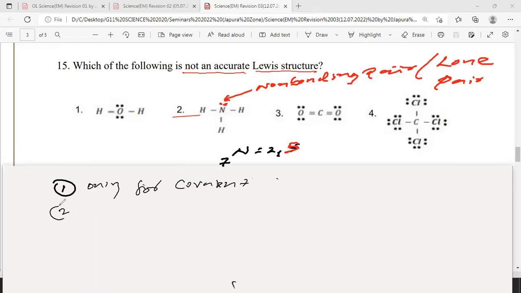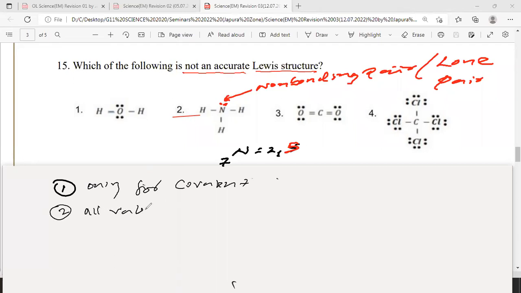The second condition is this: for the central atom, all the valence electrons should be presented either as bonding pairs or lone pairs. All the outermost electrons should be represented as lone pairs and bonding pairs.